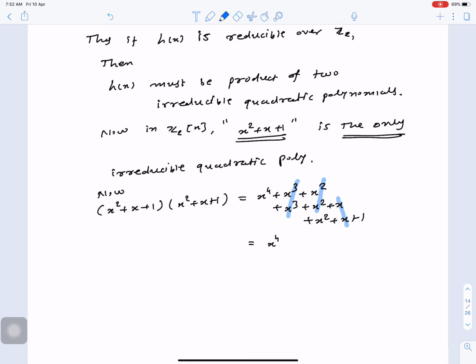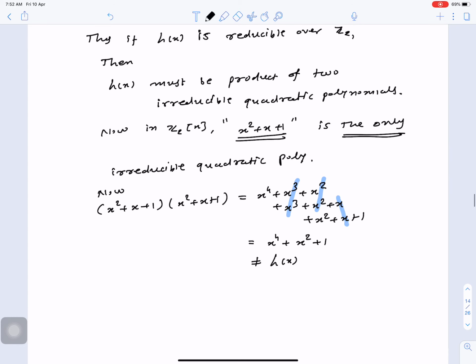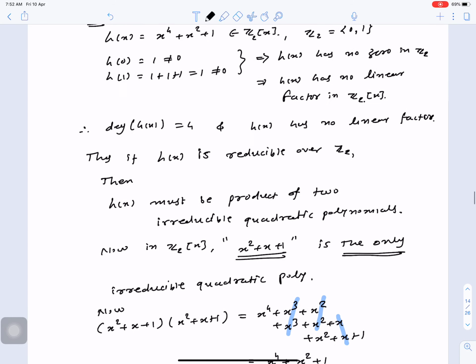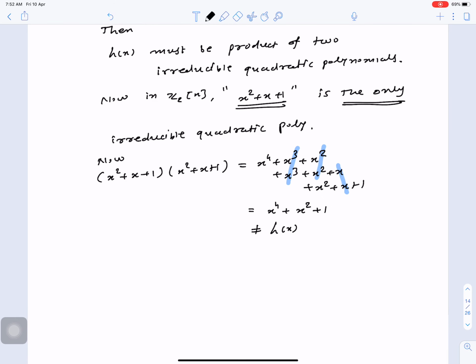So we are left with x raised to 4 plus x square plus 1. Let me see what is h(x): x raised to 4 plus x square plus 1. So yes, it is equal to h(x).